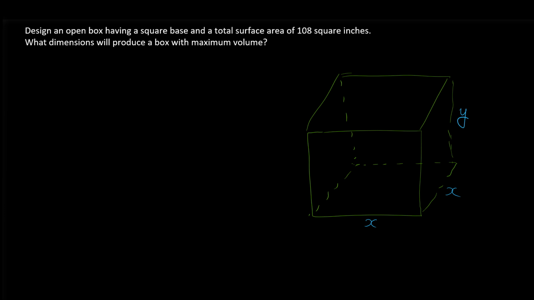So let's find the total surface area of this box. The area of the base of this box is x squared, because x times x is x squared. This box has 4 sides or 4 walls. The area of each wall is x times y, and because it has 4 walls, in total it is 4xy.